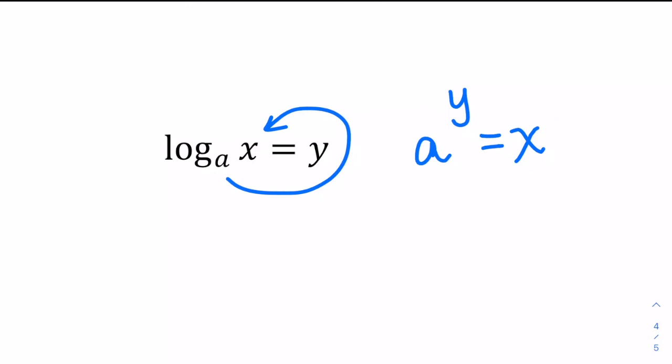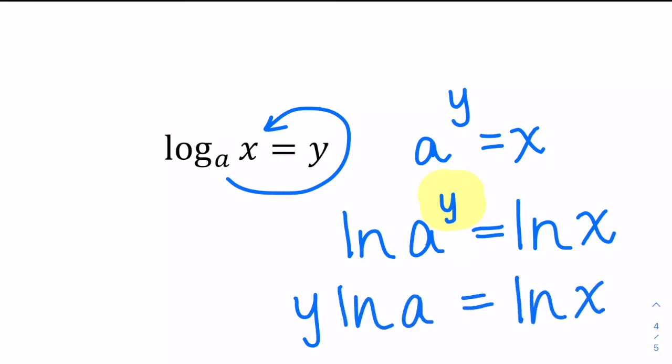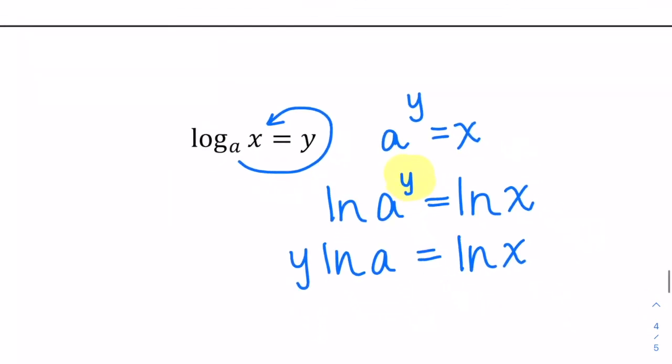If you wanted to take the natural log of both sides, it would be natural log of a raised to the y equals natural log of x. And remember, with the power property, this exponent can be a coefficient. So we can rewrite that as y times natural log of a equals natural log of x. And then just divide both sides by natural log of a.